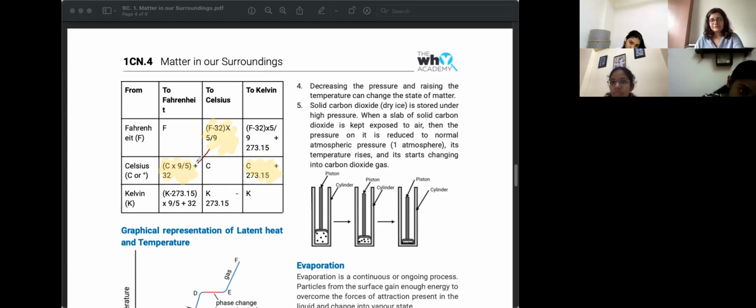Both of these are reverse of each other. Remember one Fahrenheit-Celsius formula and this Celsius-Kelvin conversion. Then it'll be simpler. You'll be able to handle any conversion.